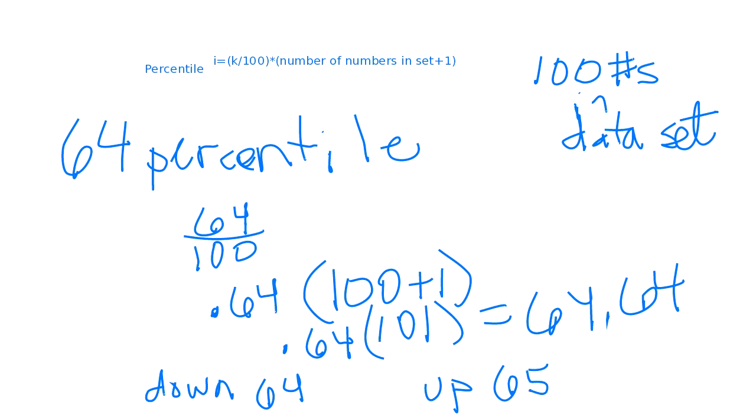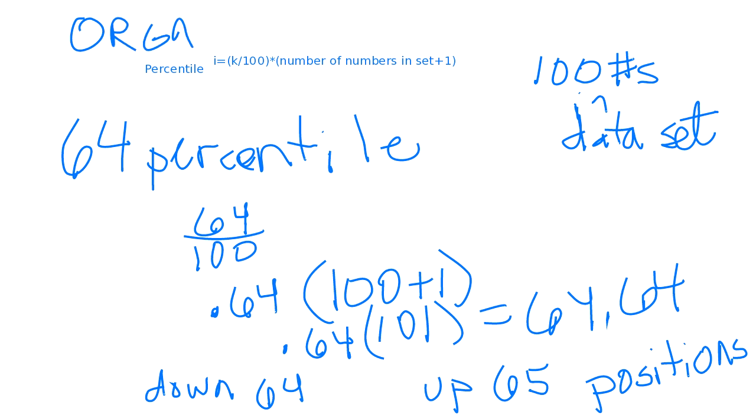And you have to remember those are positions. Those aren't your numbers. So you want to find the number in the 64th position, but be careful. You must organize your numbers in order, increasing to decreasing. So organize numbers first.